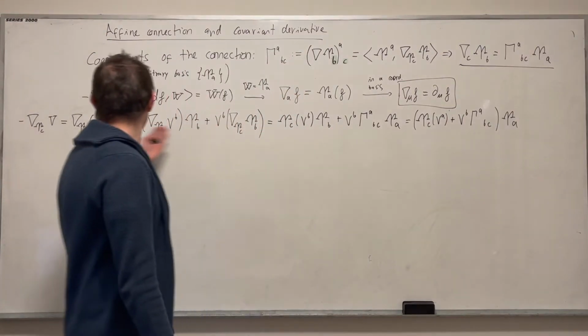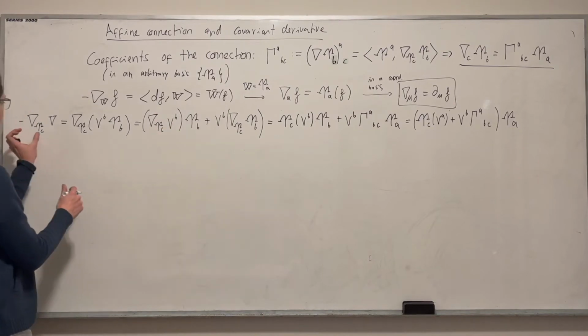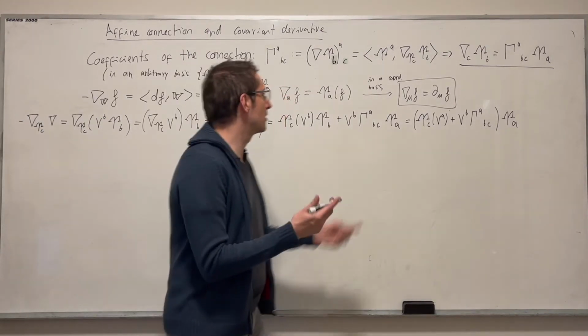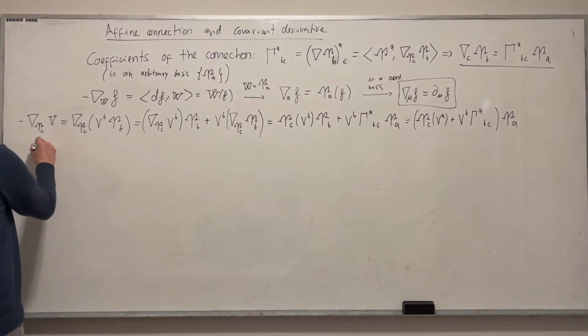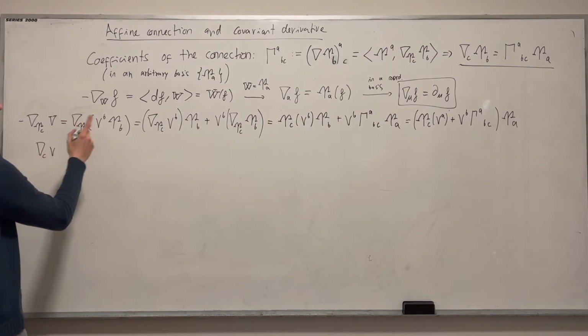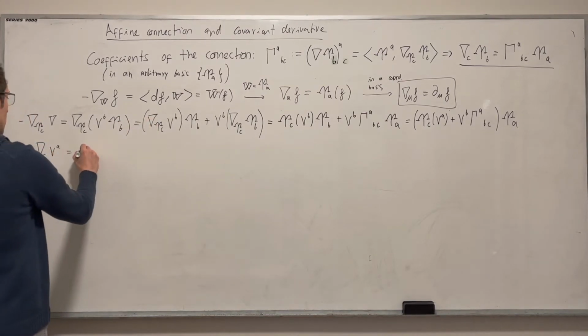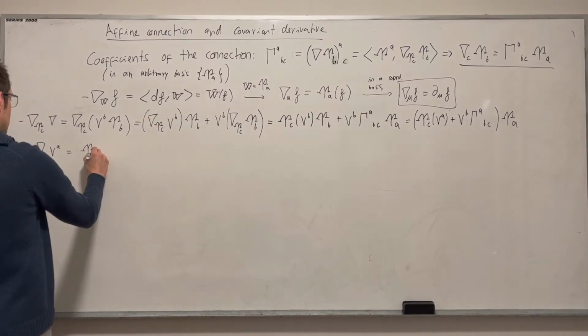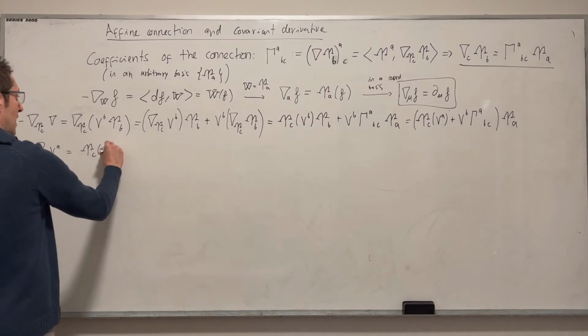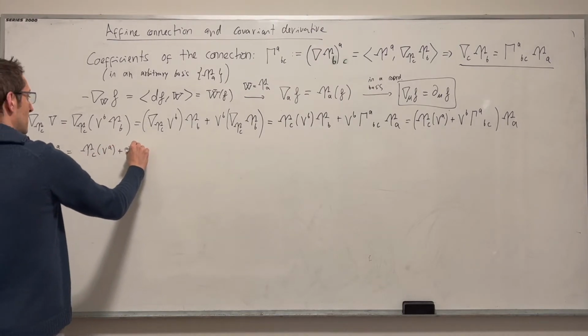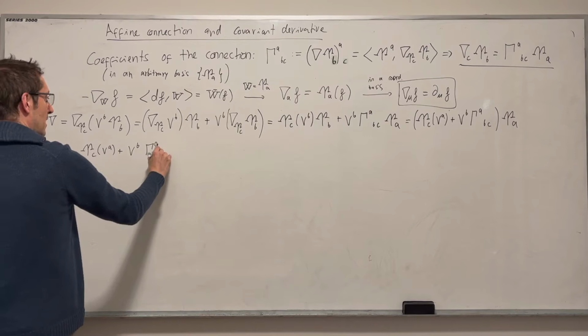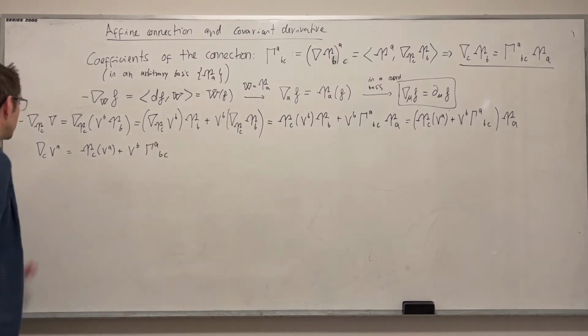All right, so I can write the components. From this expression, I have this equal to that. So the component equation is just nabla c of v^a is going to be equal to epsilon c acting on v^a plus v^b gamma^a_bc. All right, those are the components.